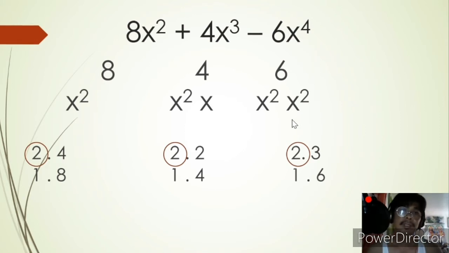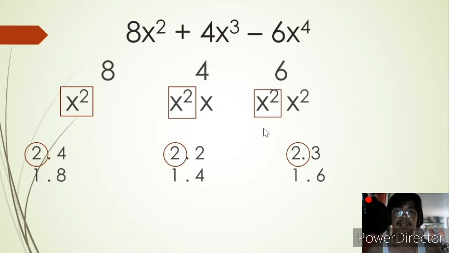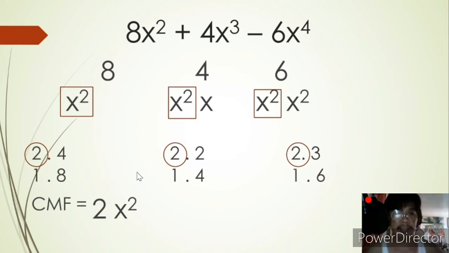Now, the common factor between x squared, x cubed, and x to the fourth power is x squared. Therefore, the common monomial factor of 8x squared plus 4x cubed minus 6x to the fourth power, all you need to do is to combine 2 and x squared. So we have 2 times x squared. The answer is 2x squared.